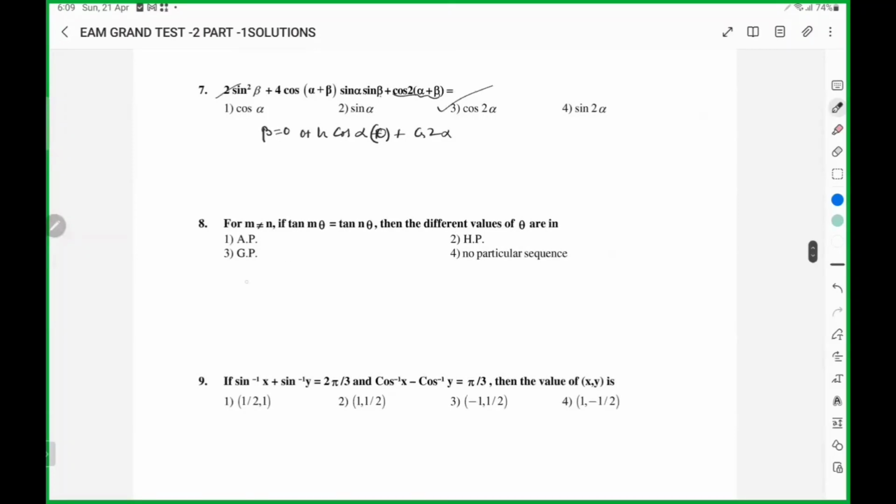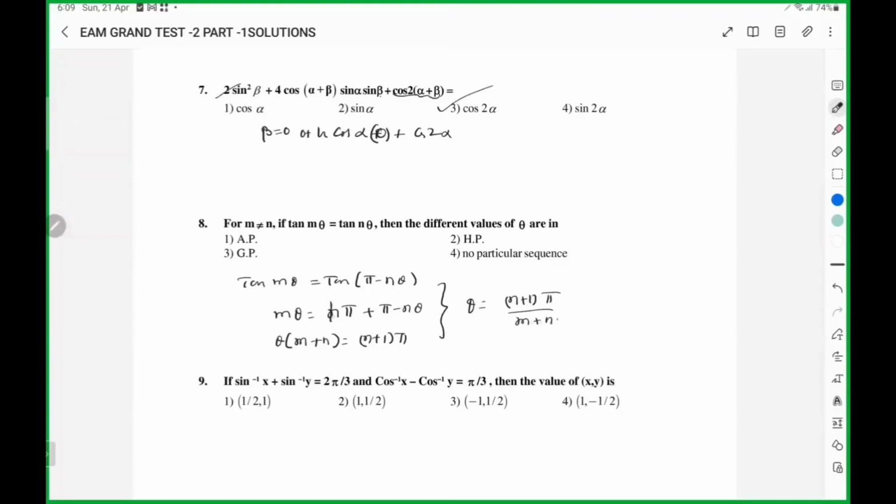So here it is tan m theta is tan of pi minus m theta. m theta is n pi plus pi minus n theta. Theta into m plus n is n plus 1 pi. So theta here is n plus 1 pi by m plus n.